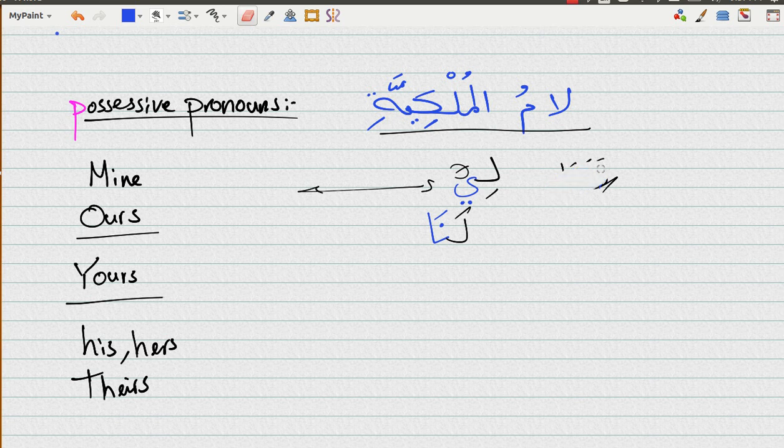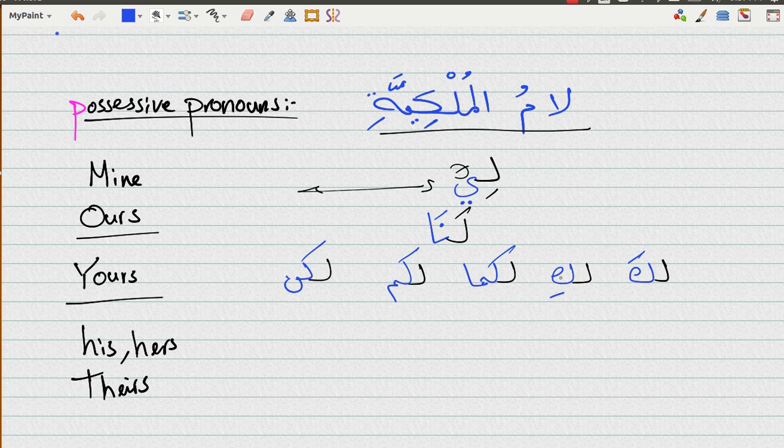And then the same applies for all the other pronouns. So let's list them for fun. And maybe you want to test yourself. Do you remember these? If I want to say yours, it would be laka, for you, or yours.